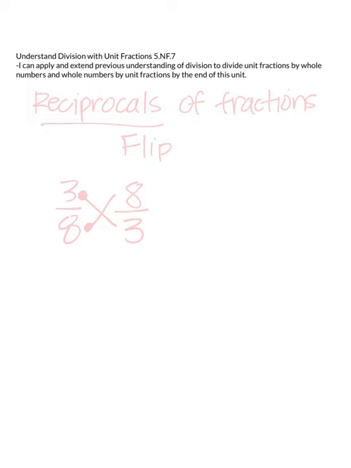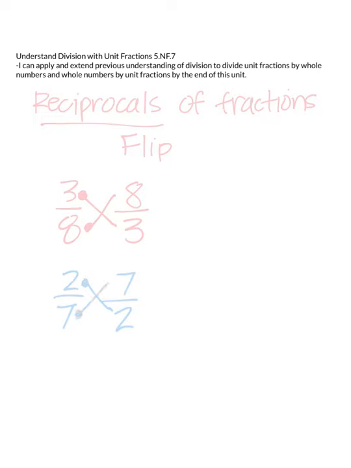Let's look at one more. 2/7. If we were to find the reciprocal of 2/7, we would flip our fraction, making our new fraction 7/2. We have flipped our fraction 2/7 into 7/2 by making our numerator our denominator and our denominator our numerator.